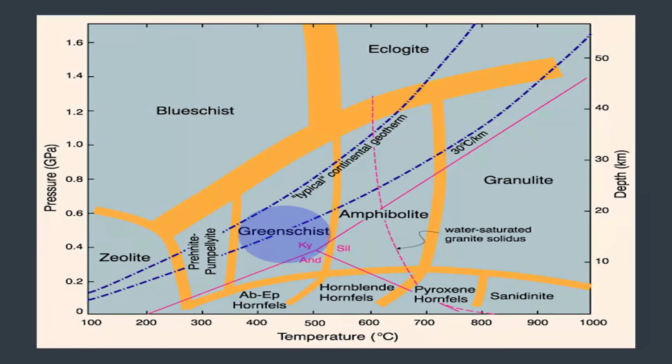The upper pressure limit is suggested by the common presence of andalusite near the triple point of aluminosilicate, the absence of kyanite, the common presence of cordierite and rarity of aluminium garnet. The absence of garnet in pelitic hornfels indicates a pressure of less than 4 kilobar during the Pyroxene-Hornfels facies.